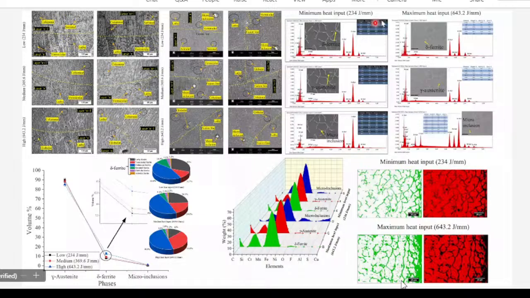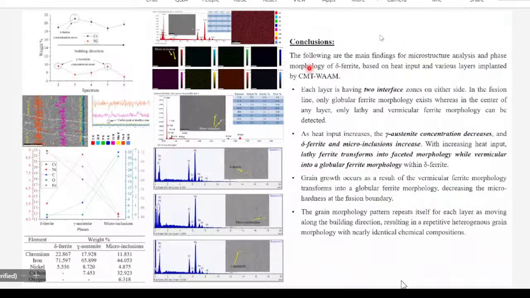EDS and these graphs are there as well. The major conclusion is that as the heat input increases, the gamma austenite concentration decreases, and delta ferrite and micro inclusions increase. With increasing heat input, lathy ferrite transforms into faceted morphology, while vermicular transforms into globular ferrite morphology. This is the major conclusion, and we have good results out of it.